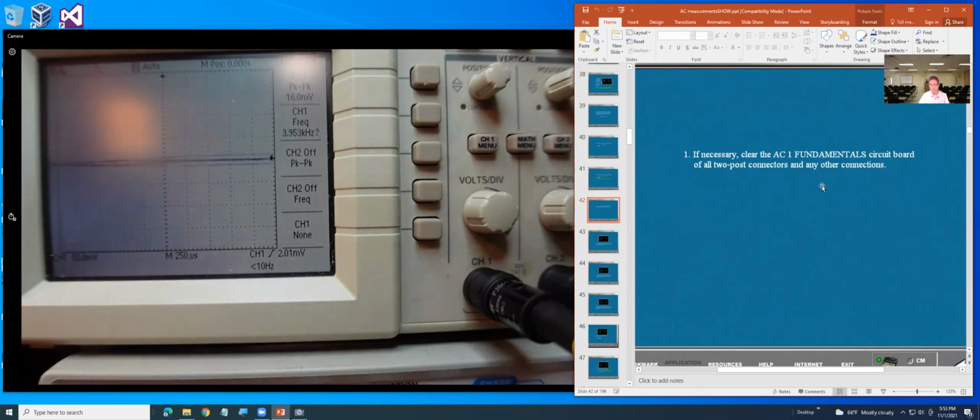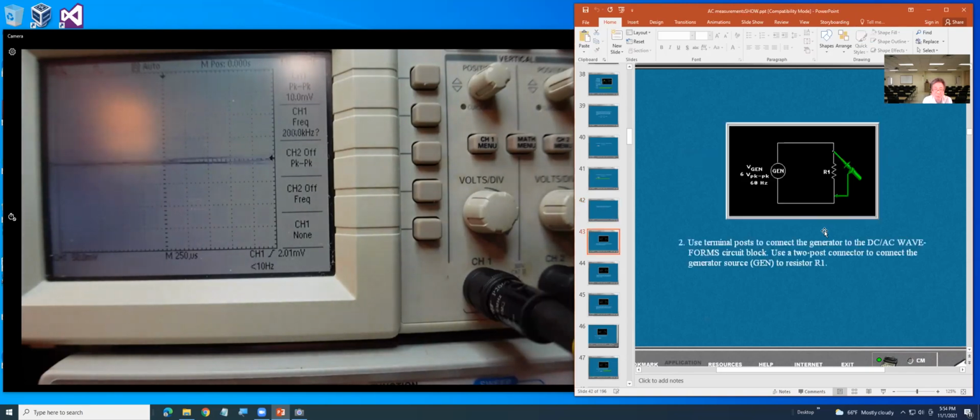Okay, so you can see a display on the lab. First thing they say is you need to clear the AC fundamental circuit board and connect the circuit shown.